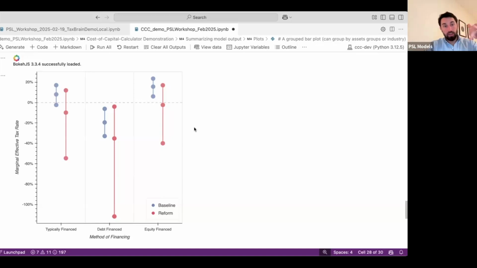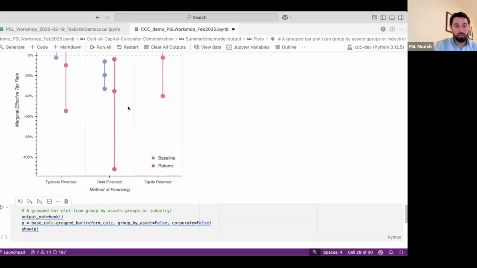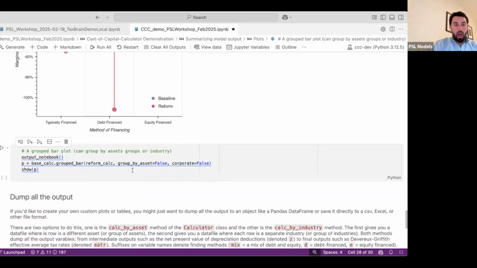And you'll see that the numbers here also can be negative. That is truly a negative marginal effective tax rate, i.e. the tax system subsidizing investments. And that's very much true for debt finance investments, but also some equity finance investments as well. All right, again, that happens with 100% bonus for sure.